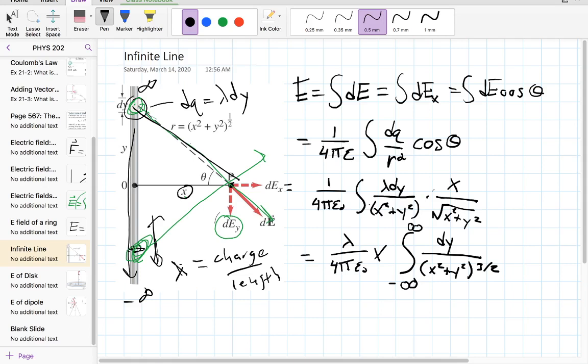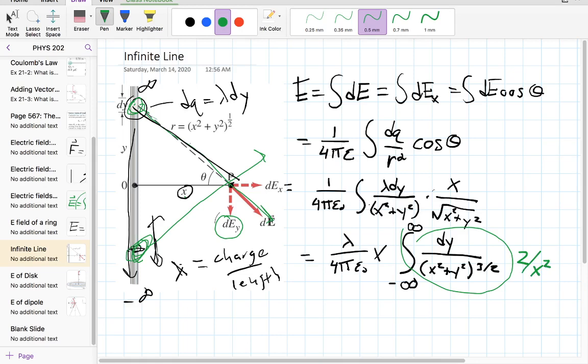I don't know how to do this integral off the top of my head. You can probably do some kind of substitution, but I just typed this into Wolfram Alpha, and Wolfram Alpha told me that the definite integral from minus infinity to infinity of 1 over x squared plus y squared to the 3 halves is just 2 over x squared.